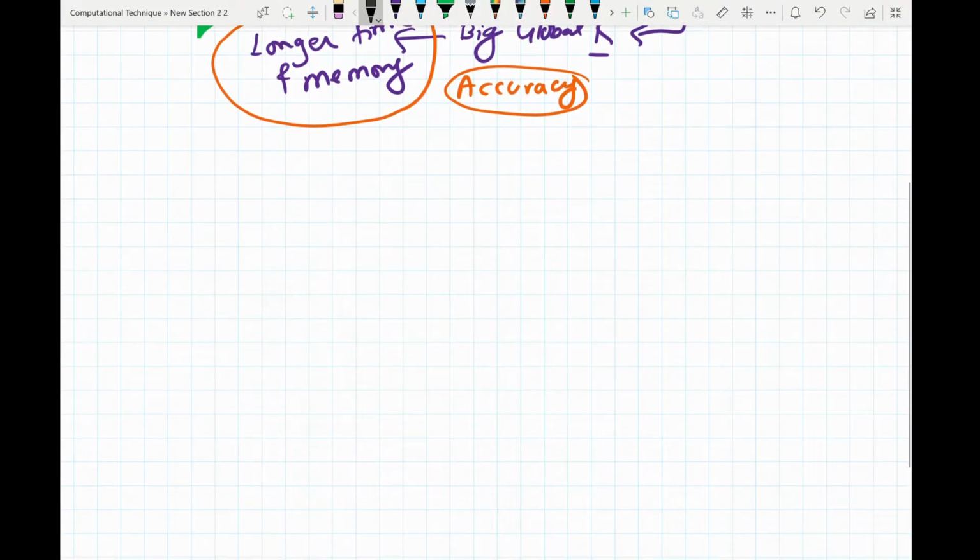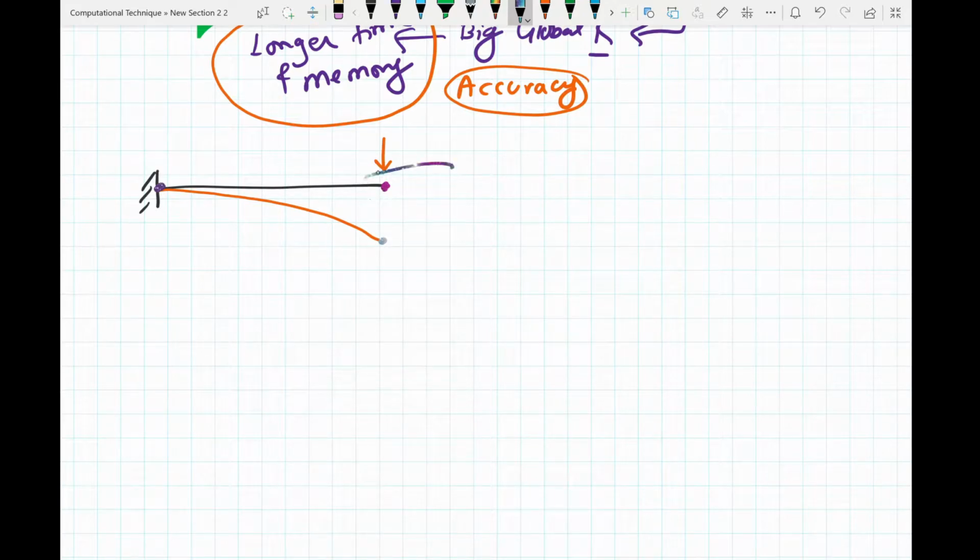Now here we have a cantilever beam like this, and this is likely to deflect like this under this loading, and let's say we only have two nodes here and here. So this is a single element, which means that it only has one local matrix, which will be equal to its global matrix.